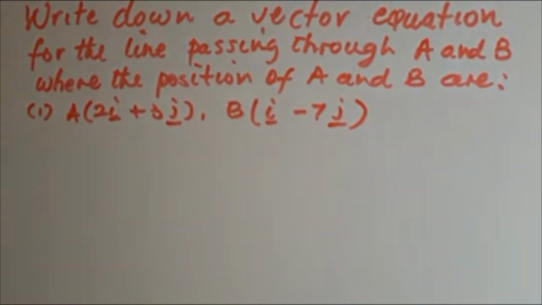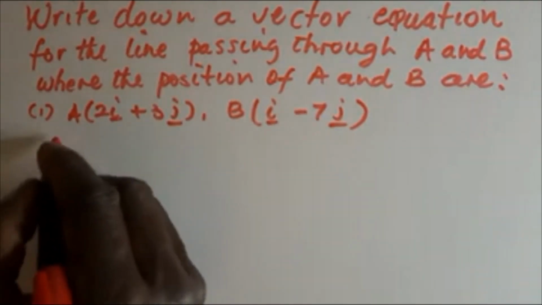Now, for the vector equation of a line passing through A and B, there are two forms or two ways you can view this, which results in 4 different forms. If you look at my previous video, you'd see details about that.